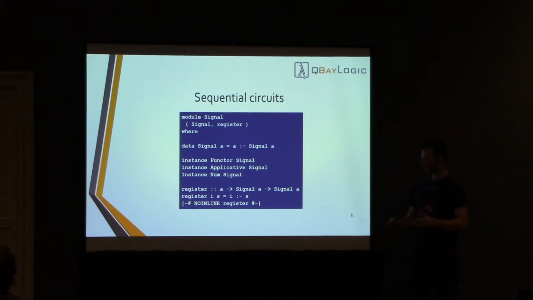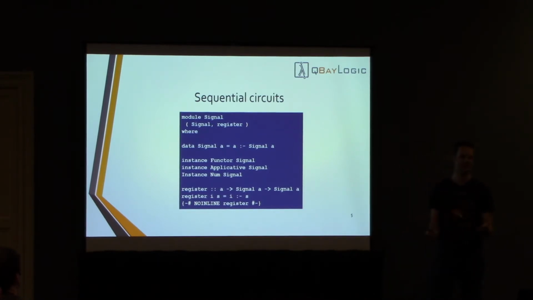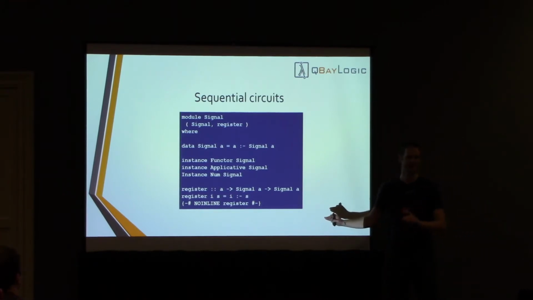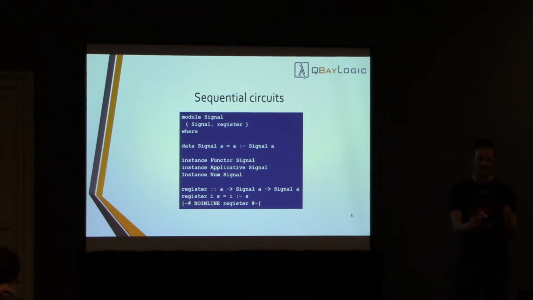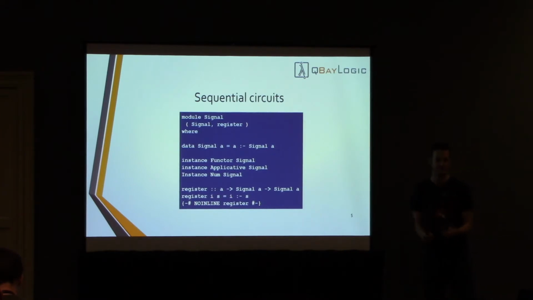And signal has the straightforward functor and applicative instance, and then you have the lifted Num instance, which is just liftA2 of all your operations. And then we have the register function, which introduces memory, basically, and it takes an initial argument and the current stream, and that prepends the thing in front of it. So that means, well, I'm pushing all of my streams to the future, so I have to remember it. So this is why it introduces state.